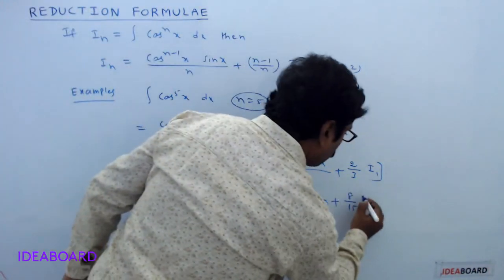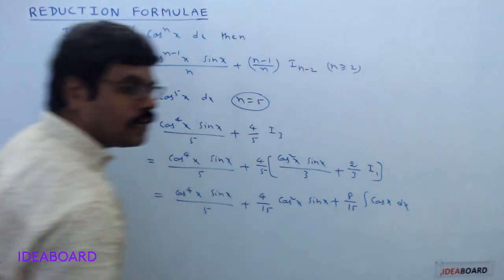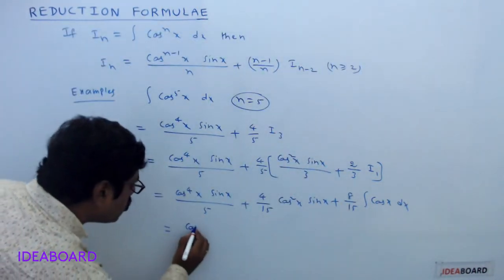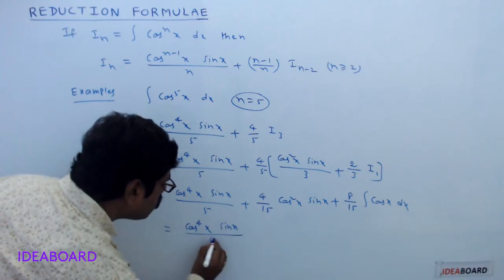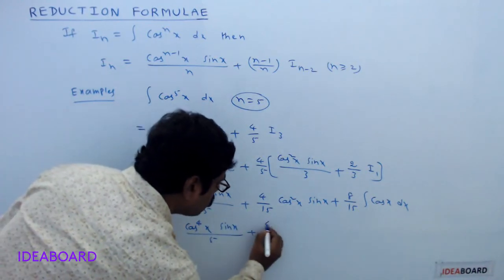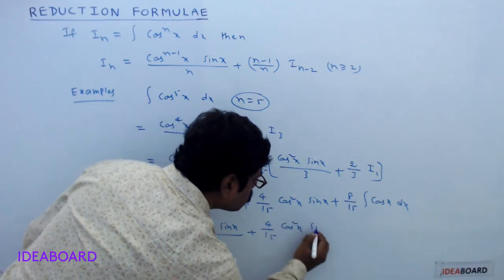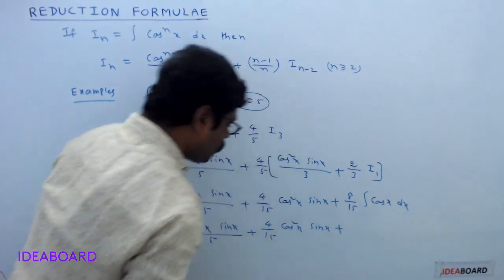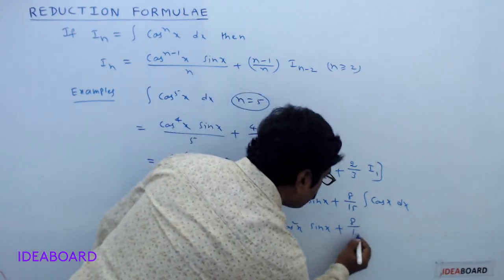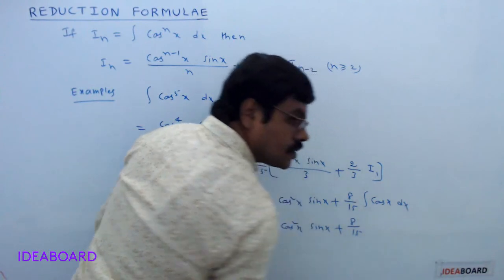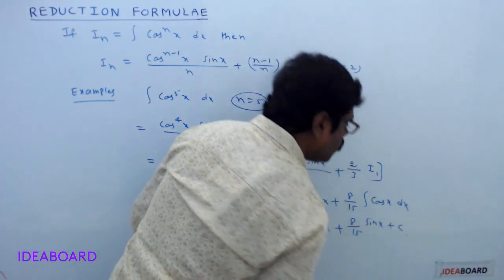So in place of I1, you write down integral cos x dx. So this is cos power 4 x into sin x divided by 5, plus 4 by 15 into cos square x into sin x, plus 8 by 15 into integral cos x dx. It is sin x plus a constant c.